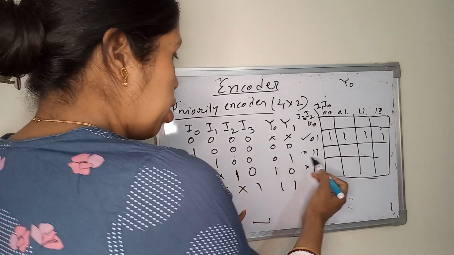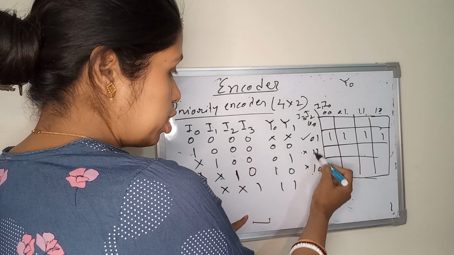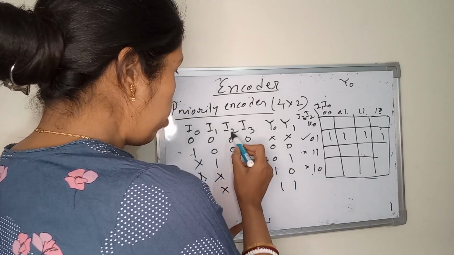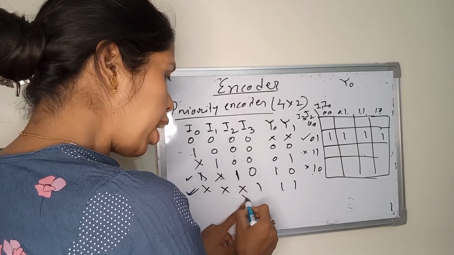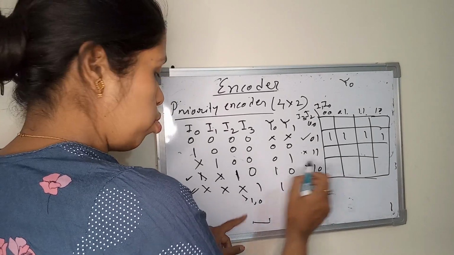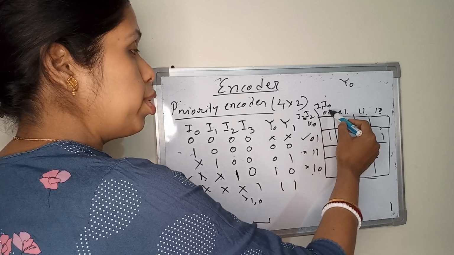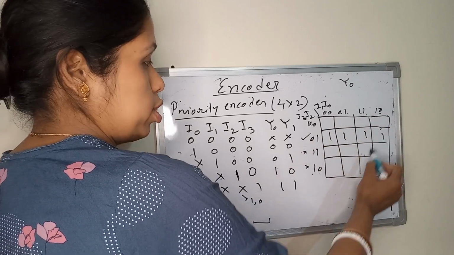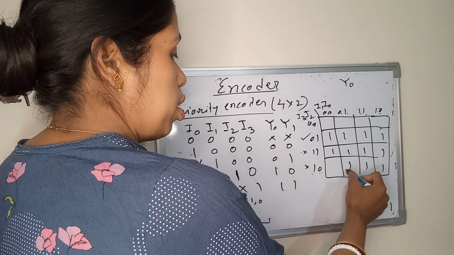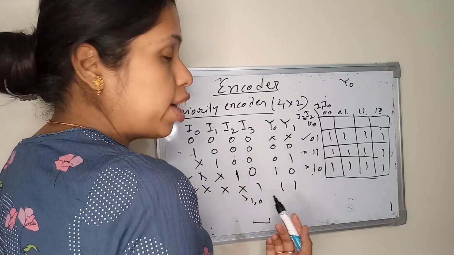So that means your I3 is 1 for these two horizontal rows. In these two horizontal rows, my I2 is either 1 or 0. Either it is 1 or it is 0. And your I0, I1 may be 0 0, 0 1, 1 1, 1 0. So in this entire 8-cell group you will have logic 1.